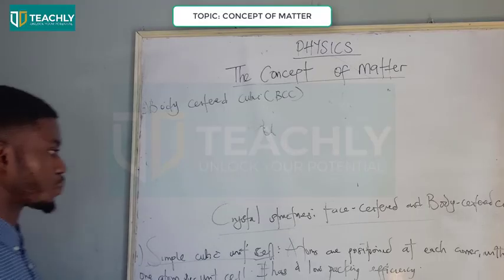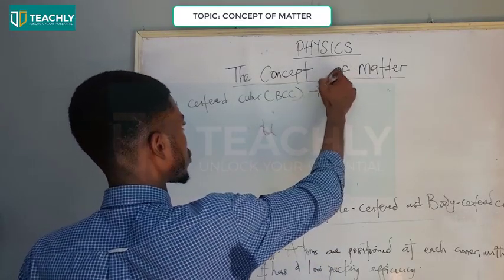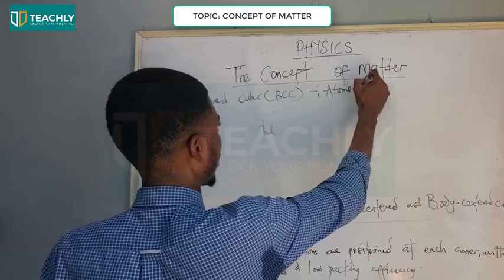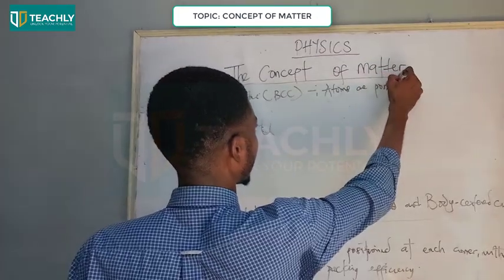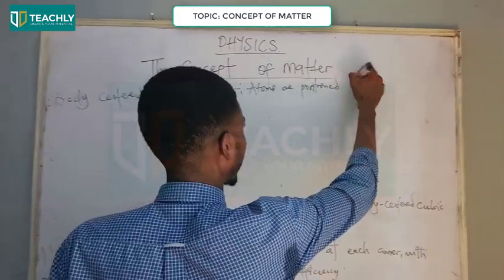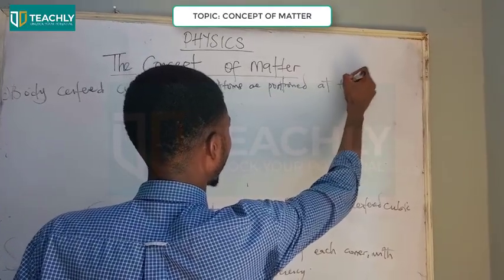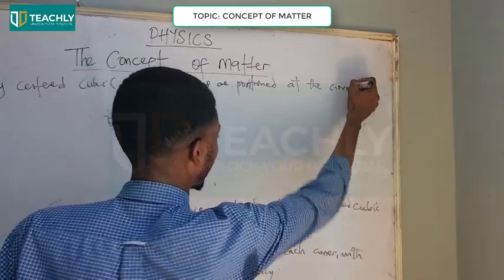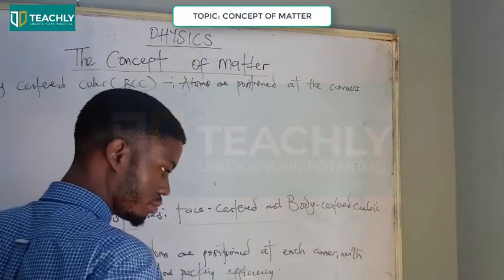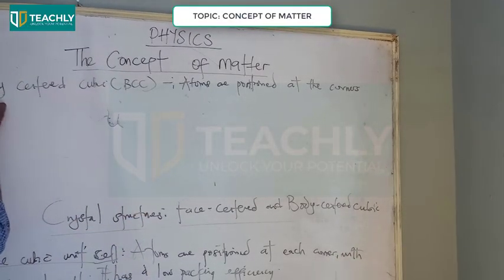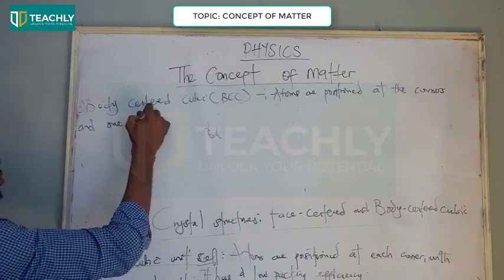So what does that mean? For this one also, atoms are positioned at the corners and one atom at the center.